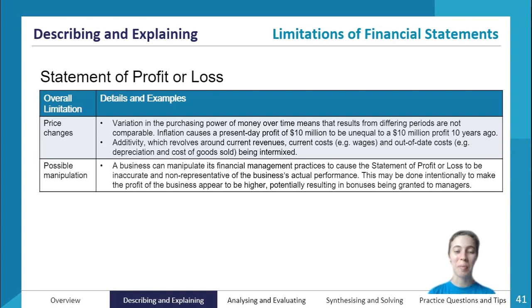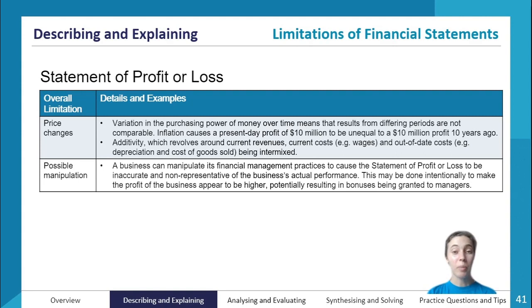You know what I'm talking about, it revolves around current revenues, current costs, so things like wages, and out-of-date costs being intermixed. And so again, that idea of different things from different periods being mixed together, and those things may not really be comparable because they're from those different periods.